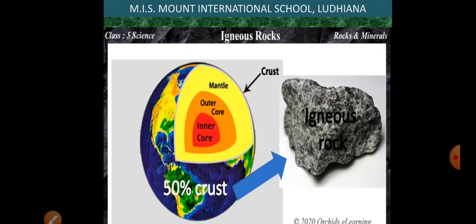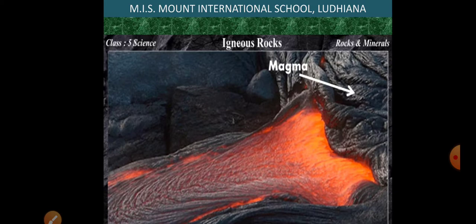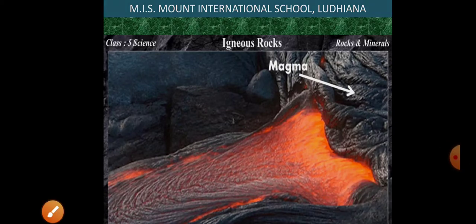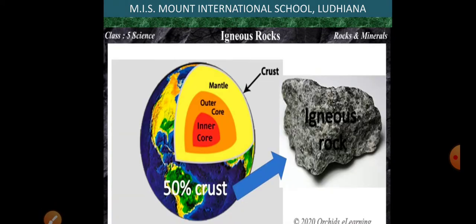Okay students, so in this way you can see that molten rock material is present under the earth and is known as magma, which then comes on the surface of the earth to form lava. Okay बच्चे, then it will be very much surprising to know that almost 50% of the earth crust is made up of igneous rocks.